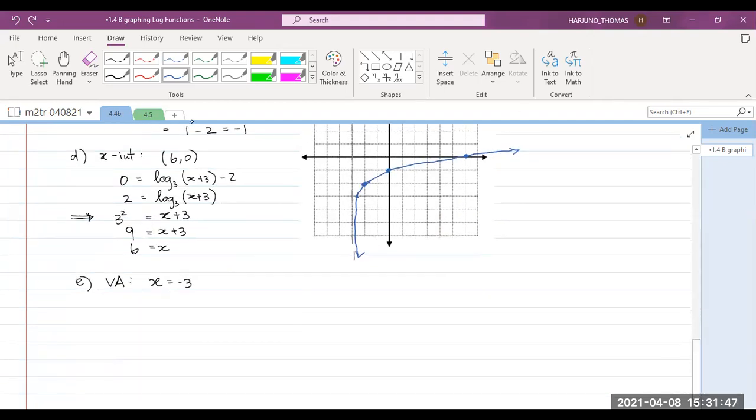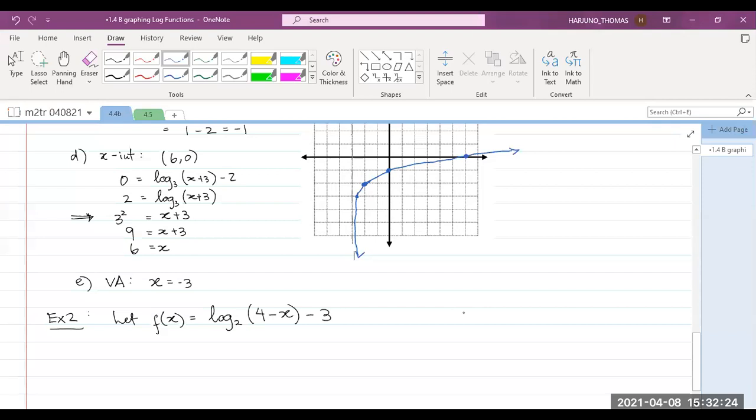Now, another example, let's call this example 2. Let f(x) equal log base 2 of (4 minus x) minus 3.